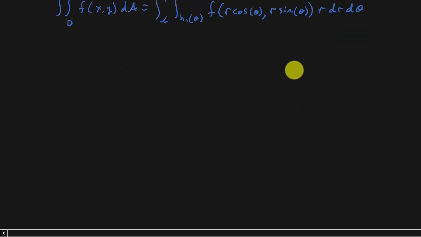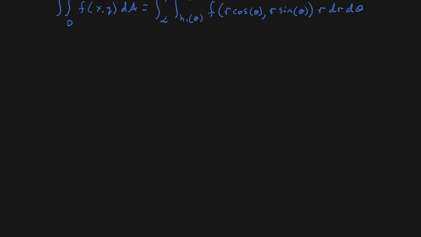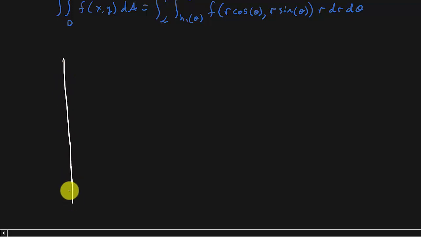So let me just show you real quick what they're talking about. It's similar to what we've been doing. The picture looks similar, but look at this. It's a little different.